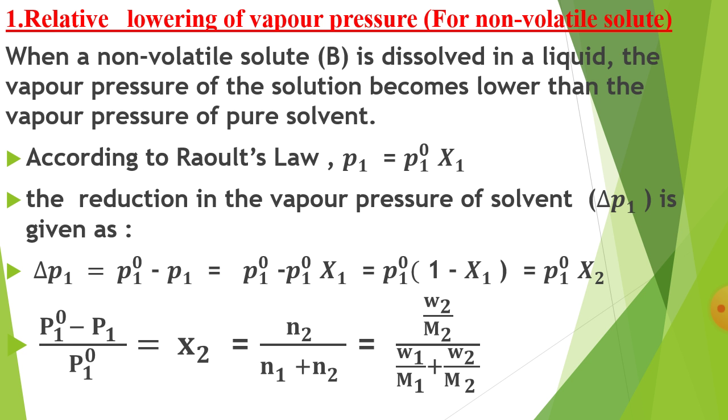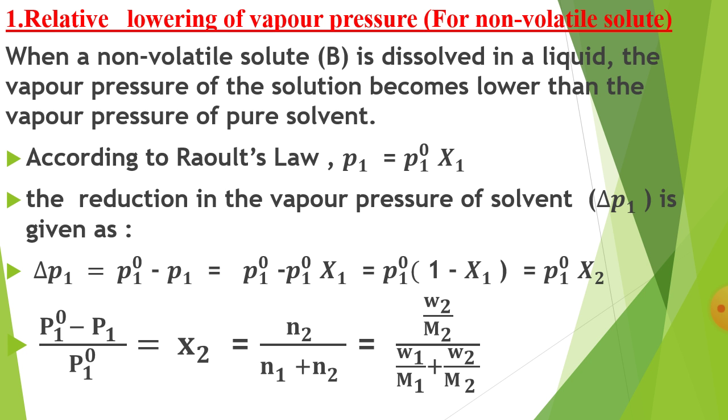I also told you about volatile and non-volatile. Volatile means they have a tendency to form vapor, just like water, petrol, and non-volatile means they do not come in the form of vapor.